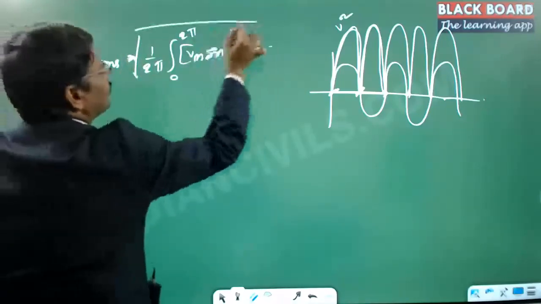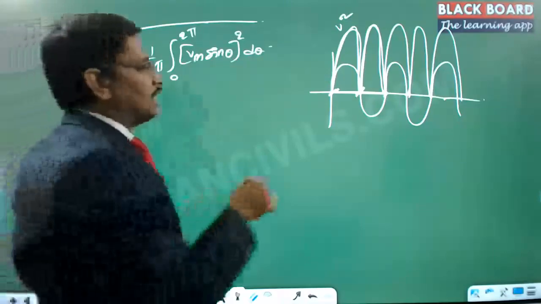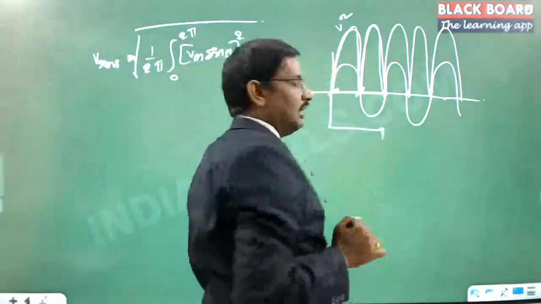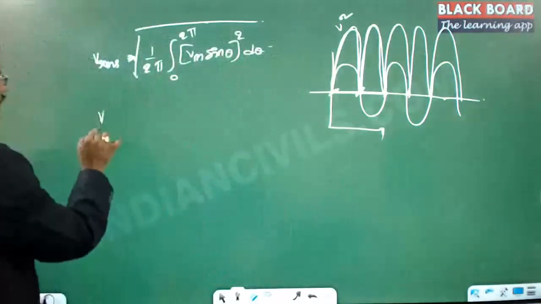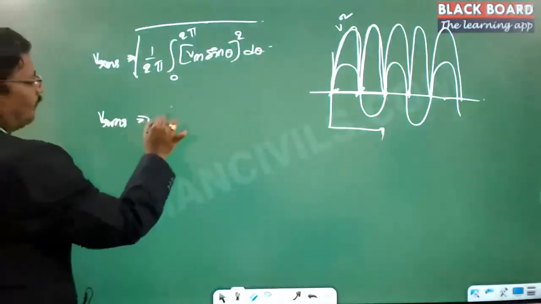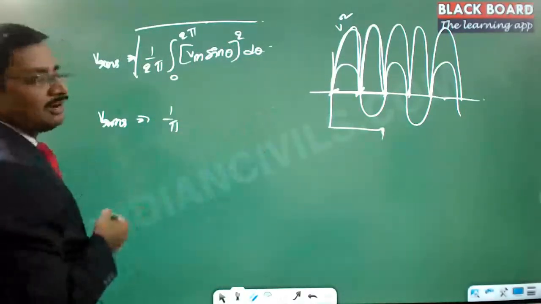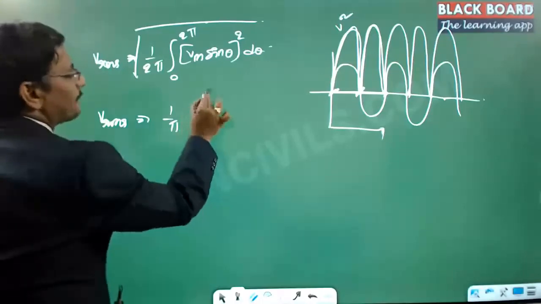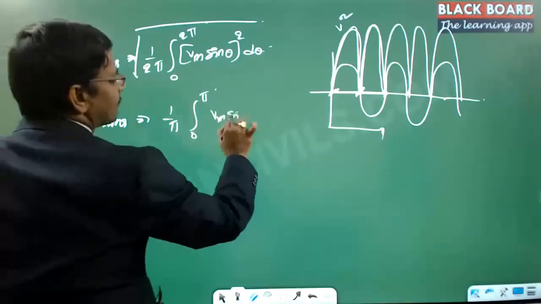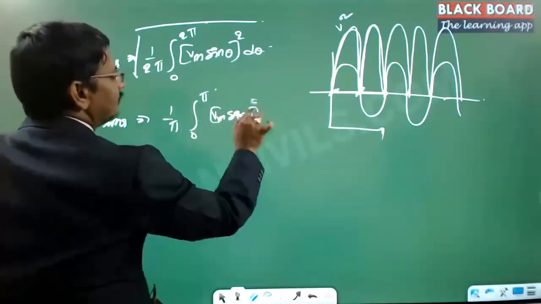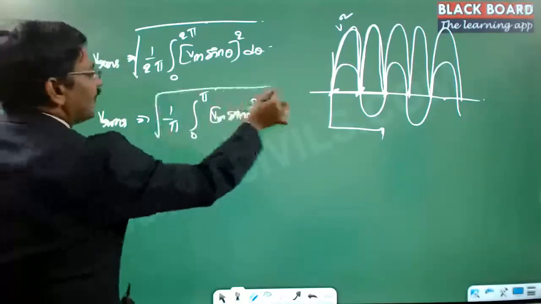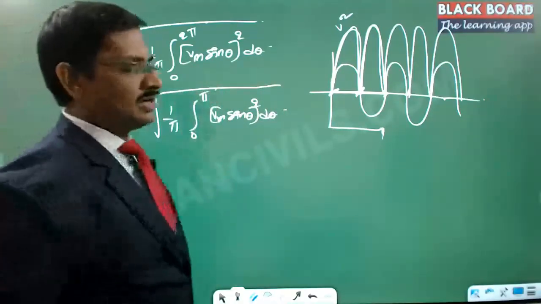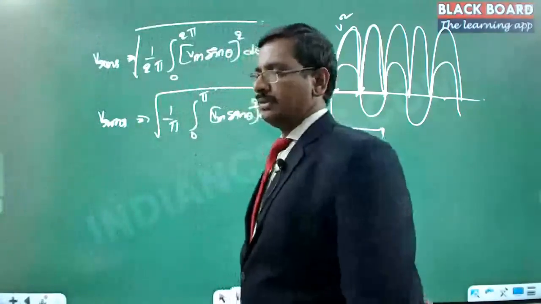So here I have considered the entire 2 pi range. Another way to calculate is VRMS as the square root of 1 by pi, because I take only half, integral 0 to pi of (Vm sin theta) whole square d theta. You calculate both of these values and tell me what values you get.